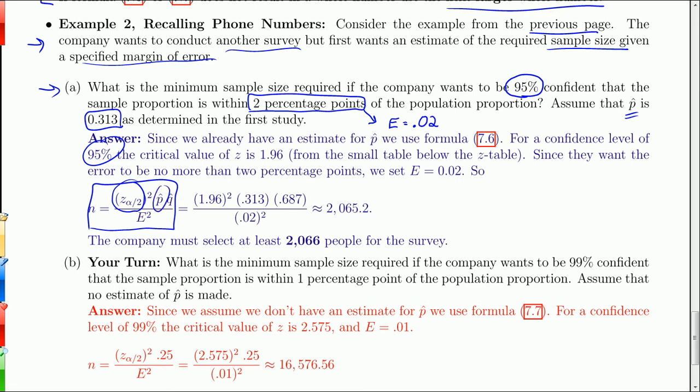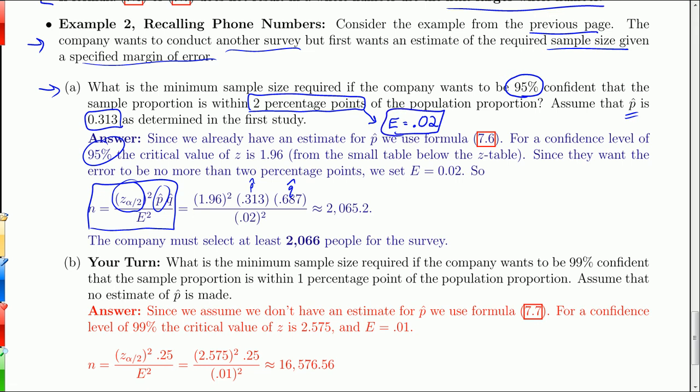P hat, I'm told, is 0.313 from the previous example. Q hat is 1 minus p hat. Right, this is p hat. This is q hat. And then the tolerable margin of error is 2 percentage points. So my capital E becomes 0.02.